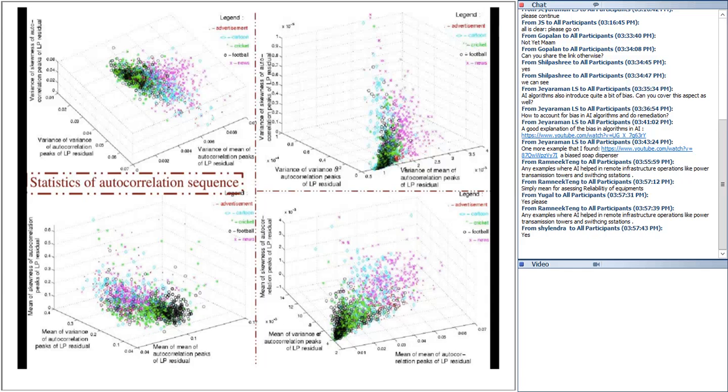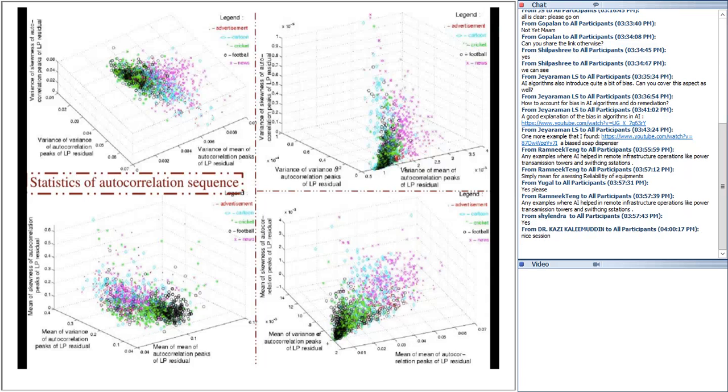Yeah, no issues here. So if we plot this data, you see these colors, and these are 4 perspectives of the plotting of the same data. The magenta color that you see is for news audio clips, and the black color is for football.